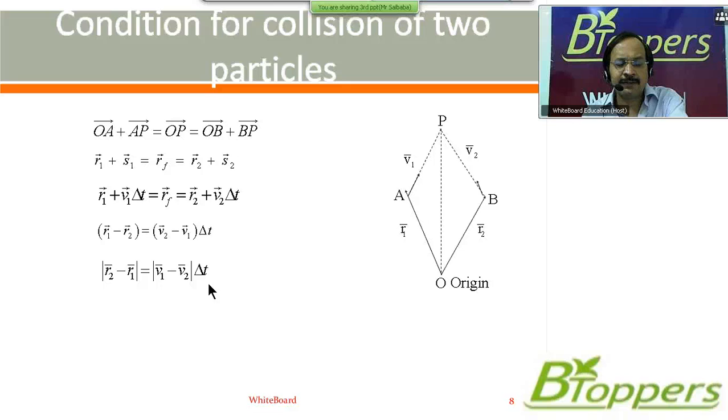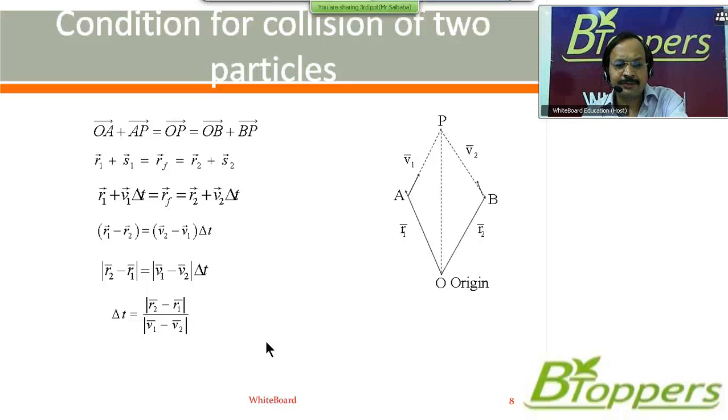Of course, you can also write otherwise, mod of R1 bar minus R2 bar is equal to mod of V2 bar minus V1 bar into delta t. So delta t can be written as mod of R2 bar minus R1 bar by mod of V1 bar minus V2 bar.